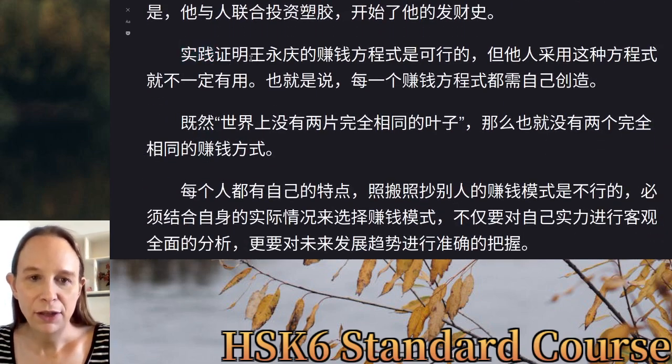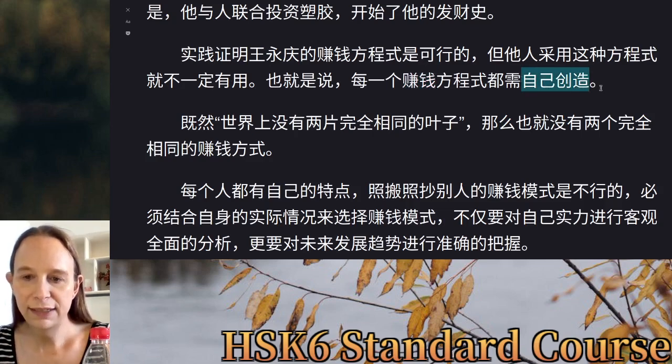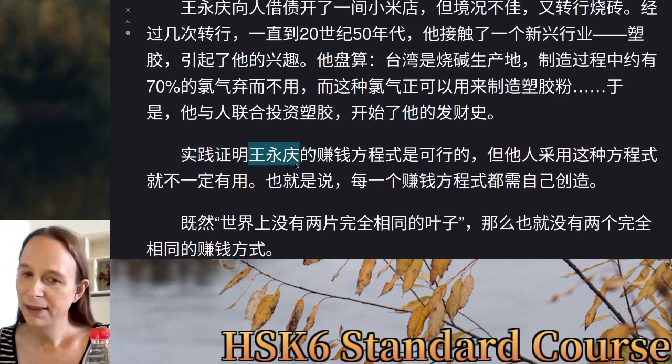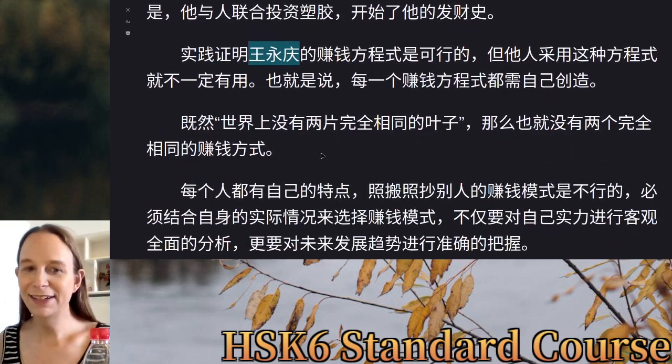实践证明，王永庆的赚钱方程式是可行的，但他人采用这种方程式就不一定有用。也就是说，每一个赚钱方程式都需自己创造。All right, so this worked for Wang Yongqing, but I can't just do the same thing.